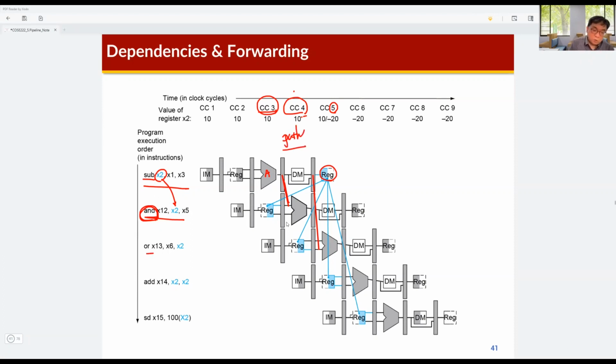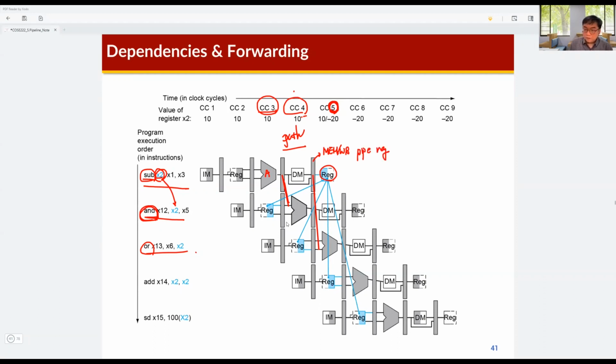And how about this OR instruction? The OR instruction also requires data from this sub instruction, and it requires data at clock cycle number 5. But this result is located in this memory write back pipeline register.